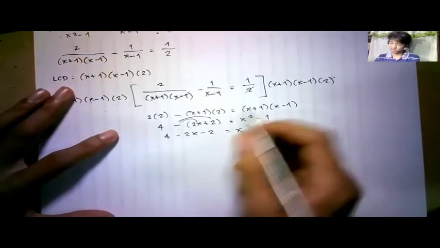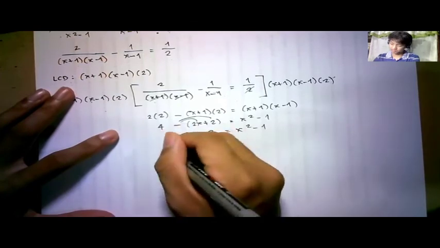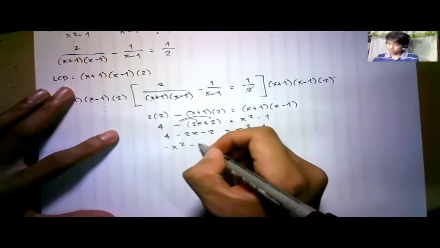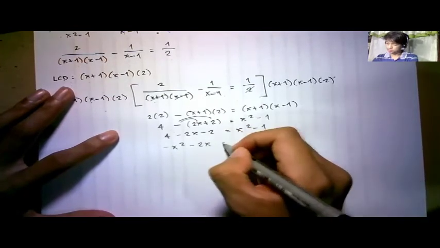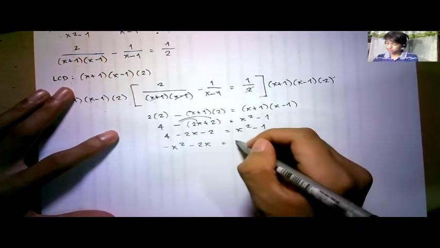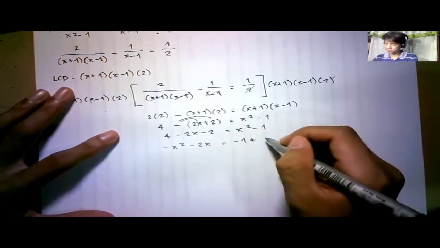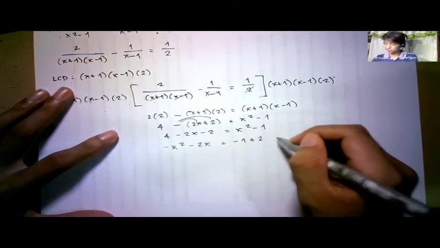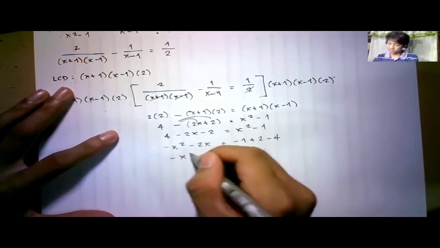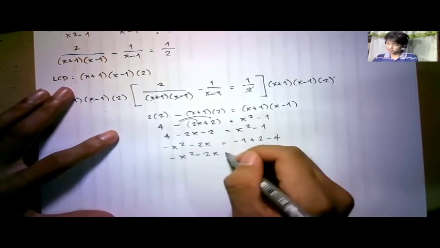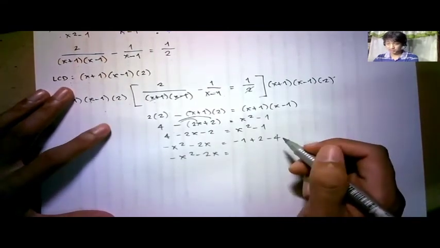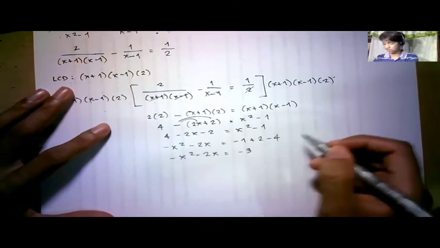That will give you negative x squared minus 2x is equal to negative 1 plus 2 minus 4. So negative x squared minus 2x is equal to negative 1 plus 2, that will give you positive 1. Then 1 minus 4 will give you negative 3.